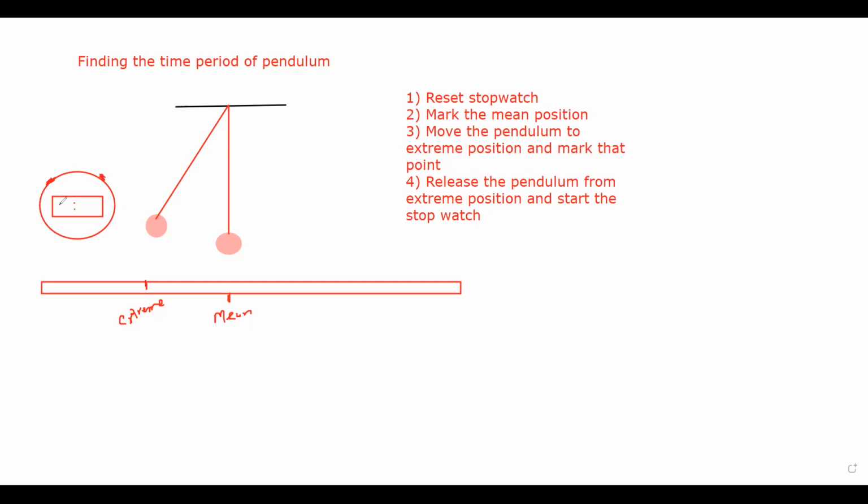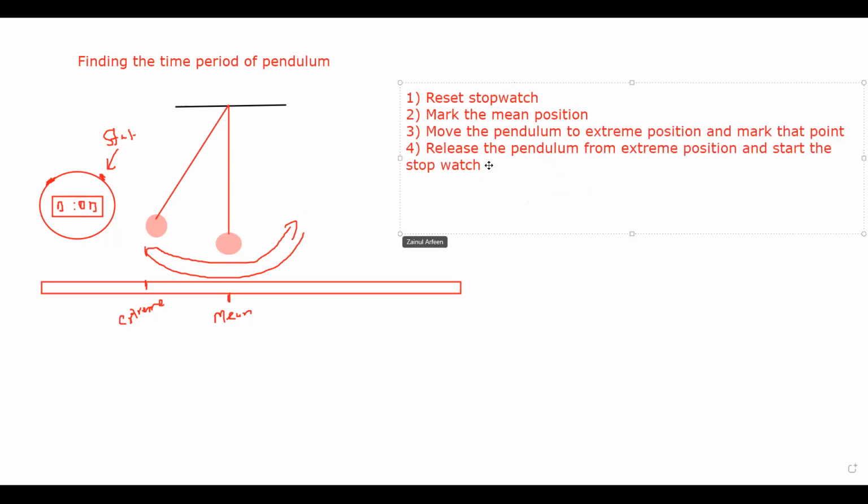Originally it will show 0, but the moment we release, we press this button to start. Then it will go to the other side and return. But this will be a very short time interval, so it will not be accurate. So to increase the experimental accuracy and get a more accurate result, we will record the time for 10 vibrations.